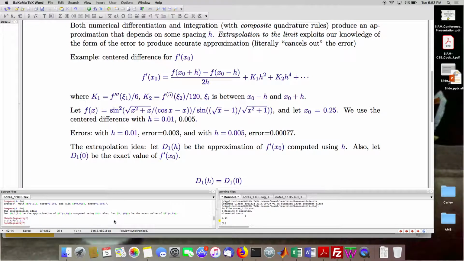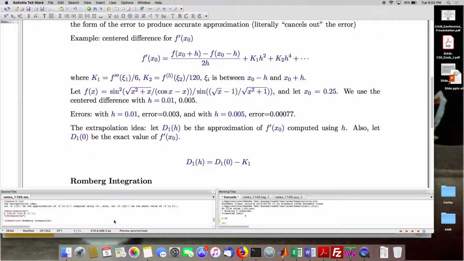That's fine, I'll work with it. Minus k1 h squared. And then I don't care about anything after that. So I'm just going to call that something that's order h to the fourth.